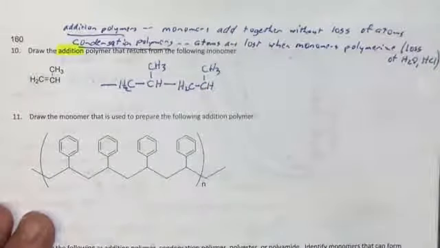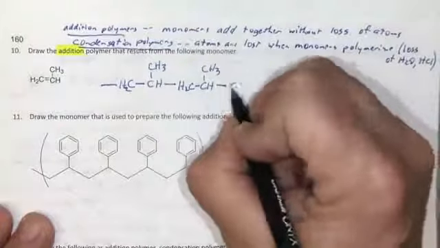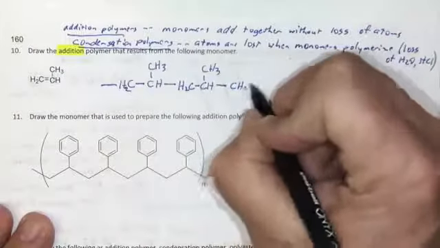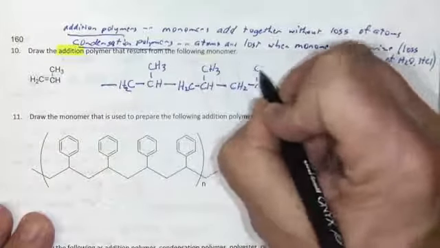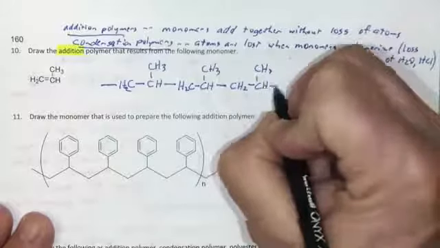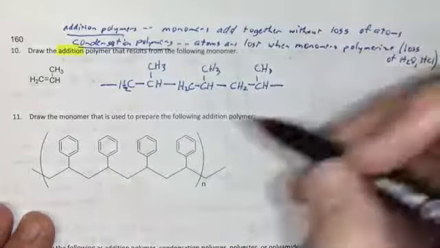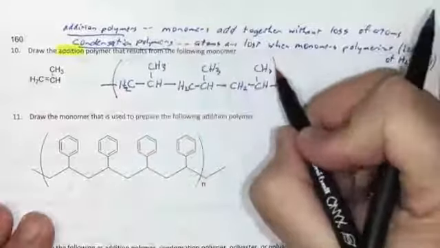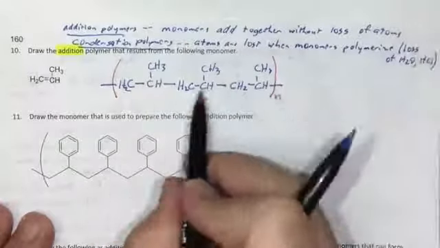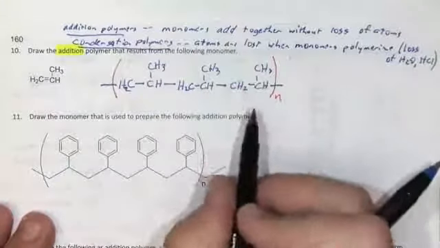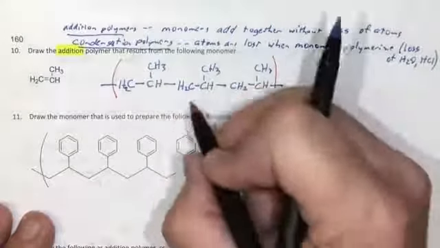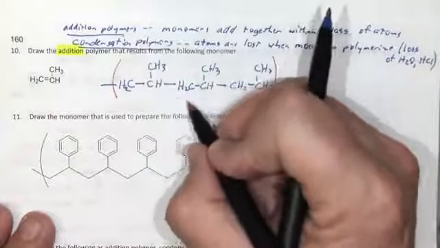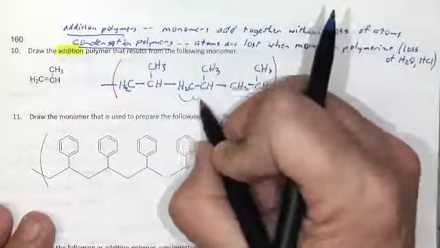I probably should have written CH2 first, like this: CH2, CH, CH3, and this will be attached to the next one. I can put a big parentheses here, and this just says this is repeated over and over a huge number of times. And within this is the smallest unit. This is the smallest unit right here.